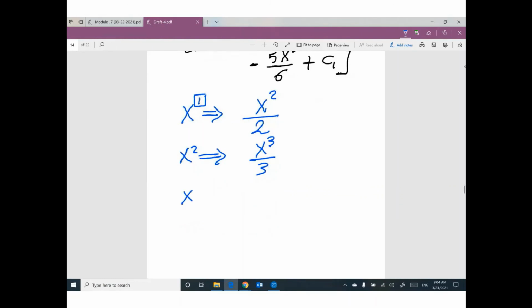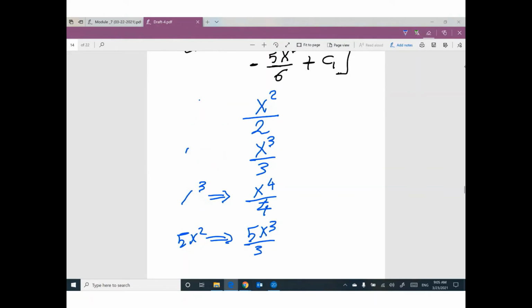If you have x to power 3, if you do integration, it will be x to power 4 divided by the new power 4. That makes sense? And remember, if you have 5x squared, so 5x cubed divided by 3. That makes sense?